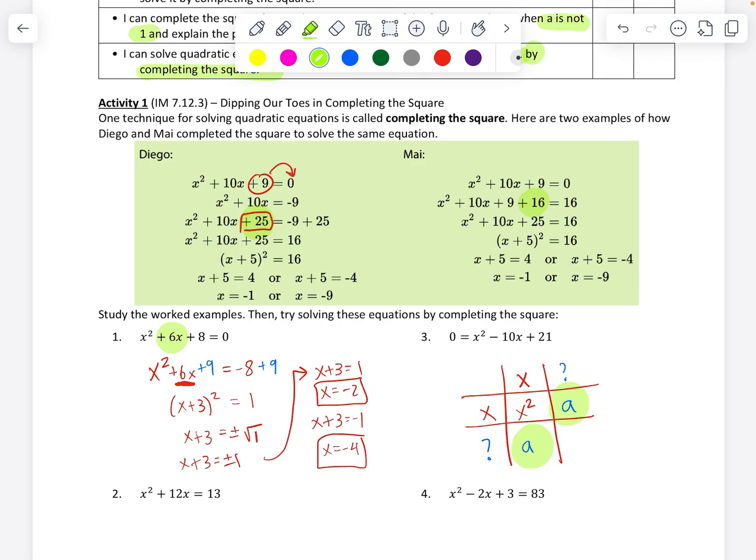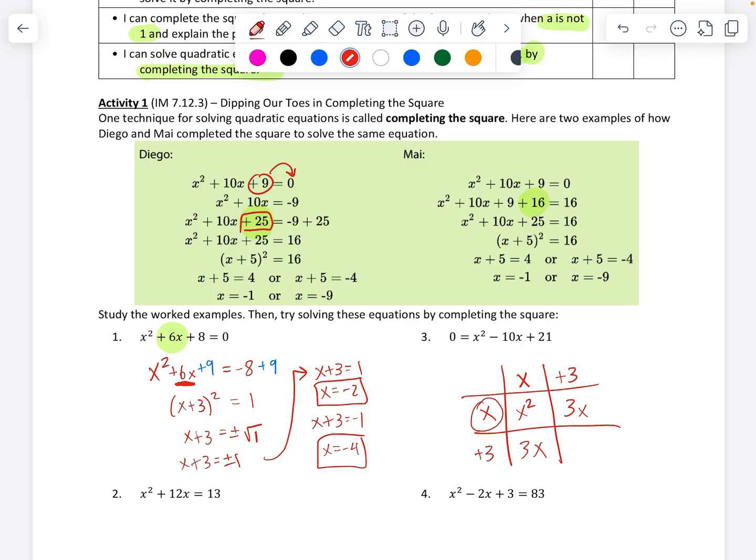Because that is the b value. And so if those two add up to 6x, but they're the same, then both of them have to be 3x and 3x. Because we want the same factor, they have to be the same. So then this becomes +3, this becomes +3.